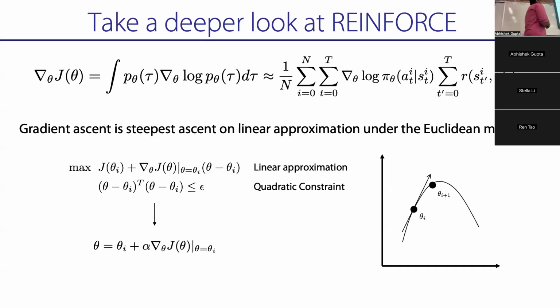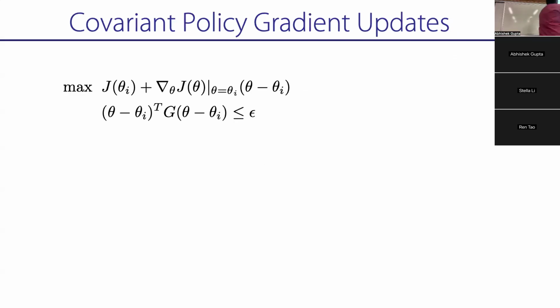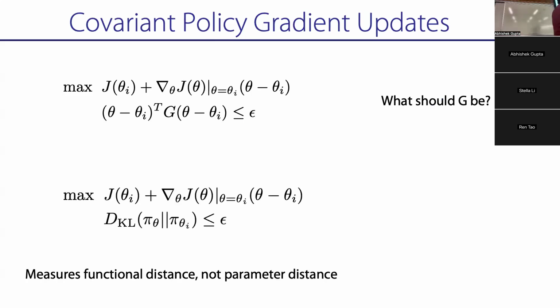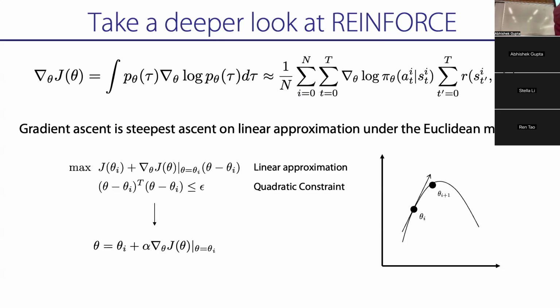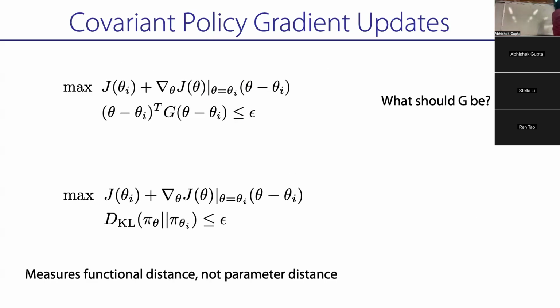So we wanted to go from gradient descent to something that is weighted by a G norm rather than just a quadratic Euclidean norm. What should G be? Let's choose G to keep the function close, rather than the parameters. Gradient descent keeps the parameters close in Euclidean space, and instead we want to say, don't let the policy change too much.